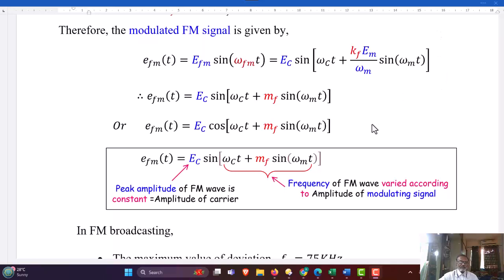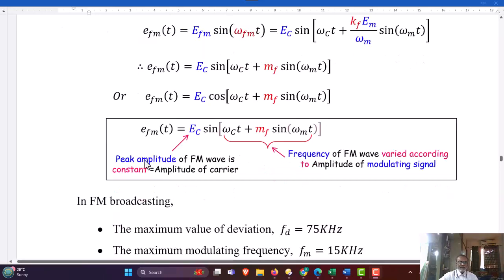Alternatively, you can use the cosine wave also. Here, we use the sinusoidal term for expressing the carrier signal, whereas you can very well use the cosine signal also to derive the expression for modulated signal, because sine and cosine signal, there is only difference of phase shift of 90 degree.